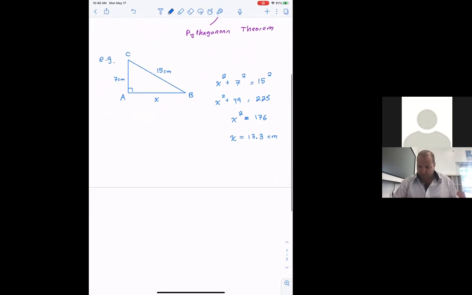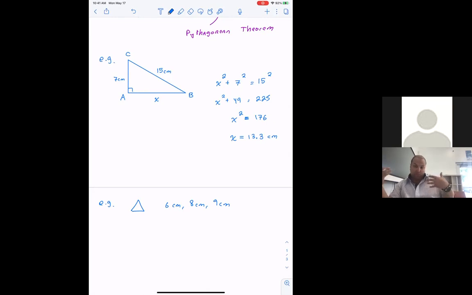So we can do the following example. We have a triangle, and we have a side of 6 centimeters, a side of 8 centimeters, and a side of 9 centimeters. The question is, determine whether or not a triangle with these three sides is a right-angled triangle. And that's just checking whether a squared plus b squared equals c squared.